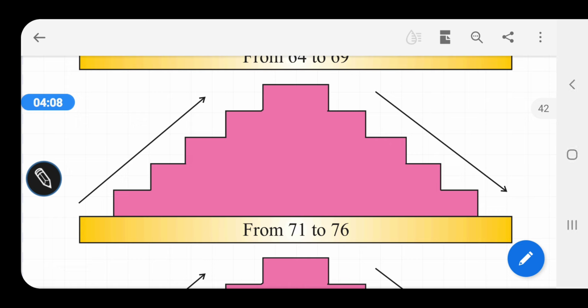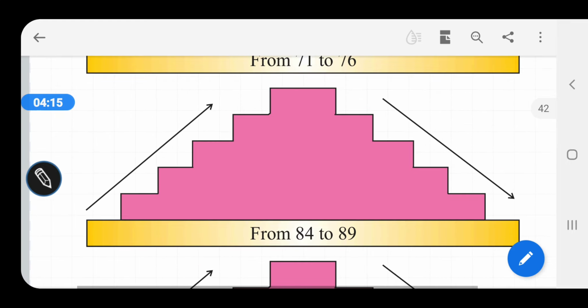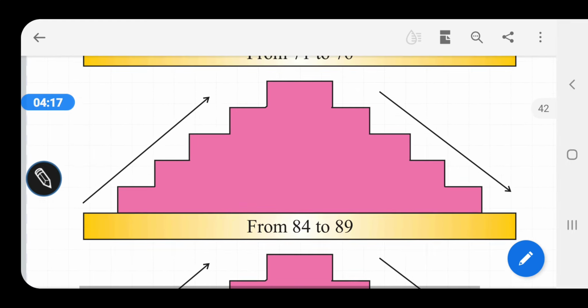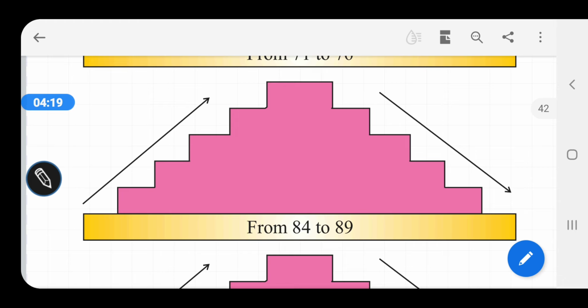And now we have to arrange the numbers from 84 to 89 in ascending and descending orders in the next sum.